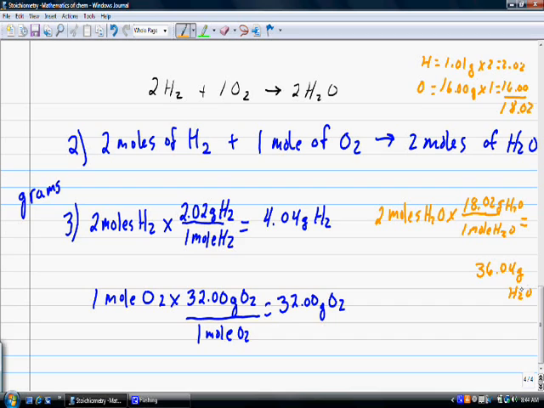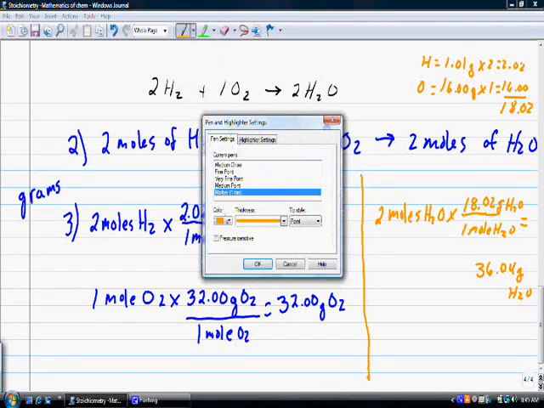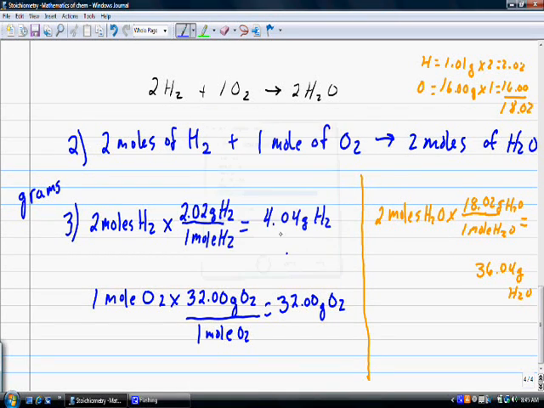Something interesting that pops out about this, if you think about this in terms of the law of conservation of matter, if I separate my reactant side from my product side, if I add up all of the reactants, so I have 4.04 grams worth of hydrogen on the reactant side, 32 grams worth of oxygen on the reactant side.